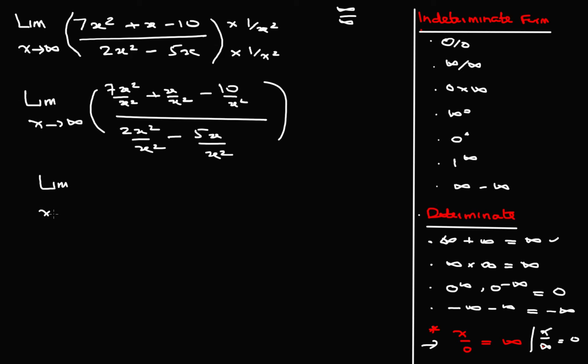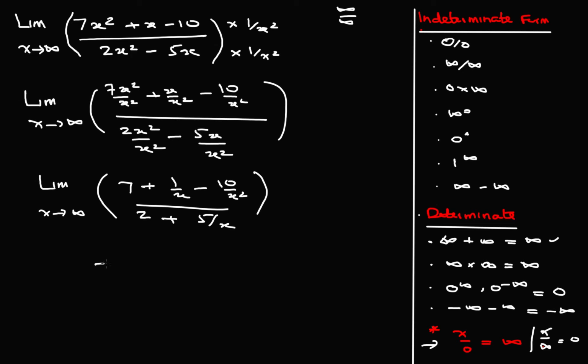It gives us limit as we are approaching infinity. This one cancels out, so we'll have 7 plus, what about this one? This will give us 1/x. This one will give us 10/x². What about at the bottom? We'll have 2 plus, this one will be 5/x.